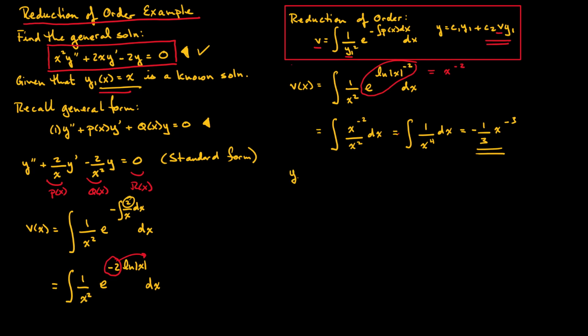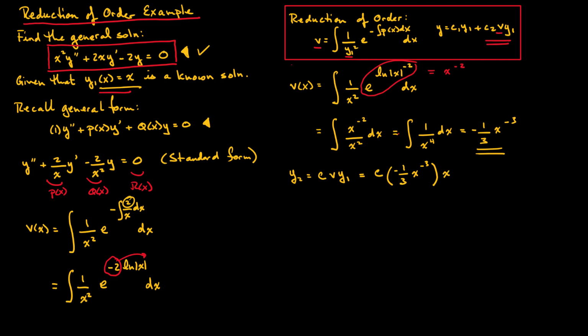So y2 will be equal to some constant c multiplied by v multiplied by y1. We can write c multiplied by negative 1 over 3 x to the negative 3, and then all of this multiplied by y1, which is equal to x.